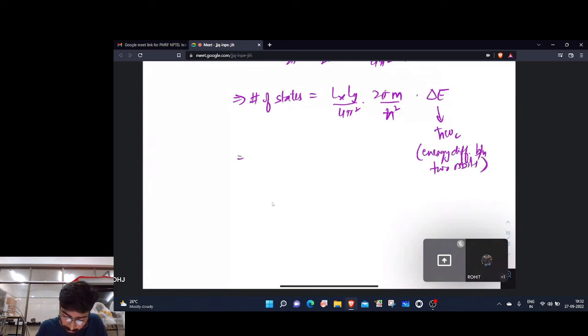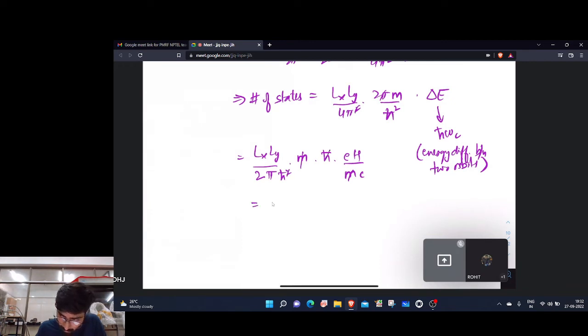So pi goes with pi, and we are left with Lx Ly divided by 2 pi h cross square into m. Now h bar omega c can be written as E h by mc. M goes with m, and we are left with h cross square.